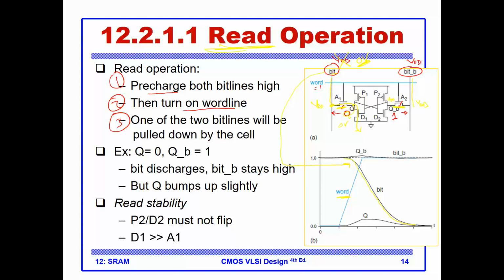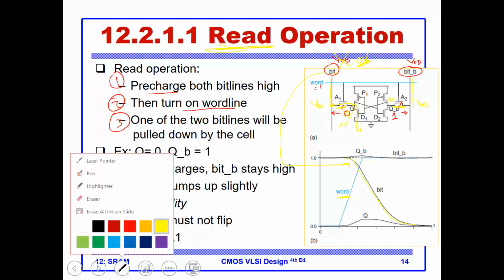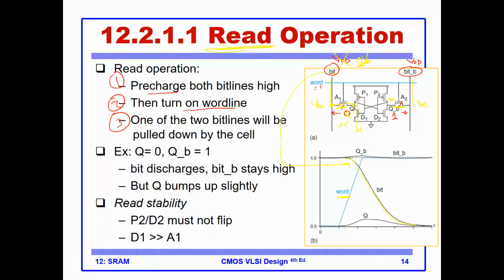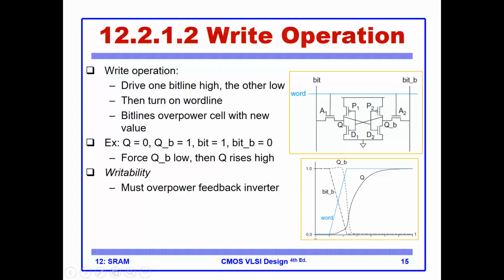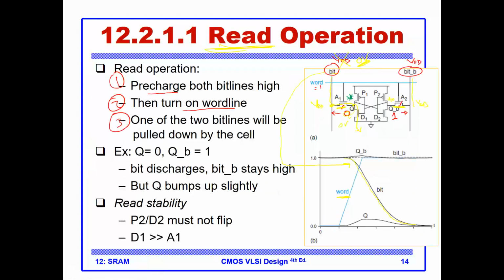Notice there is a little risk here, because there's a bump here on the Q node. This is the Q node, very critical. This node Q is reflected at this bump here.